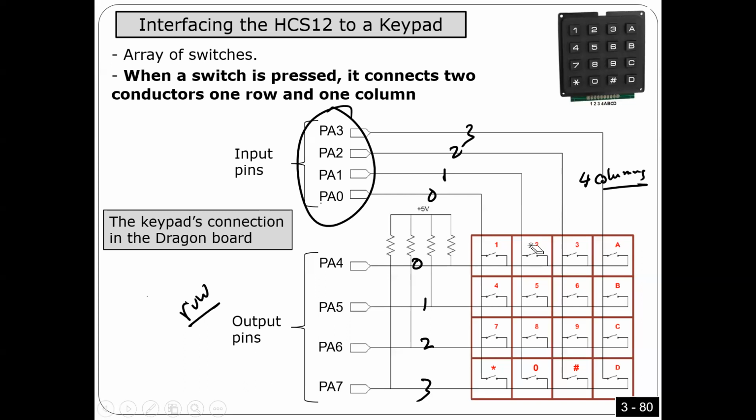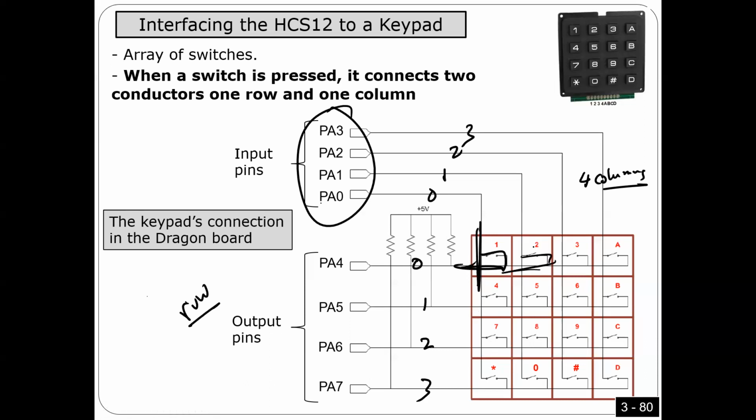So when I press the button, I'm going to make a short circuit between the row and the column. All I want to know is, now I want to write a program to figure out which switch is connected. This one, or this one, or this one? You can see here, guys, every switch has a unique pair of row and column.